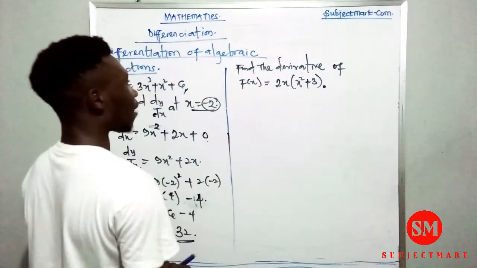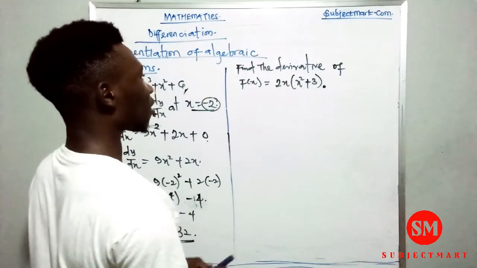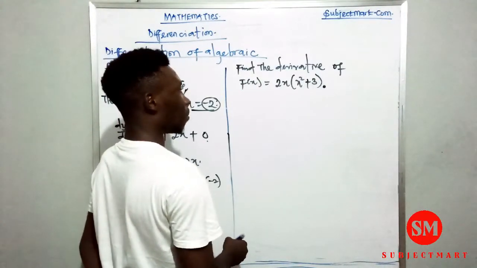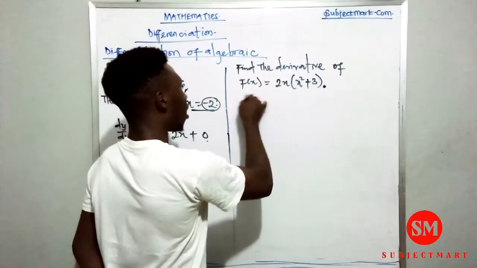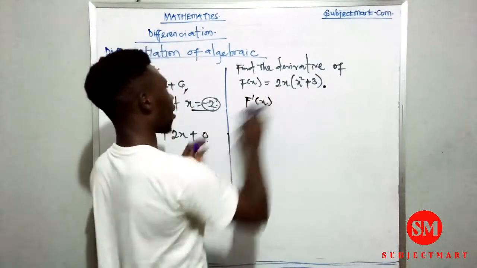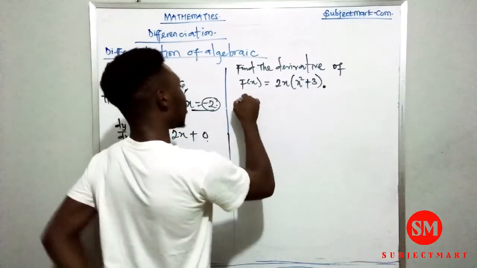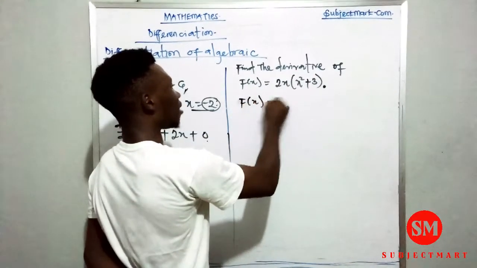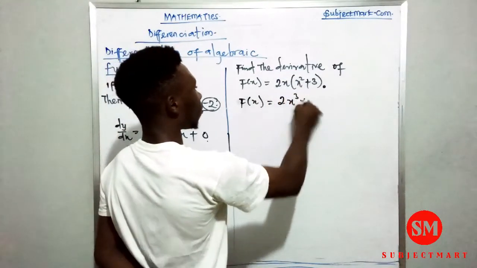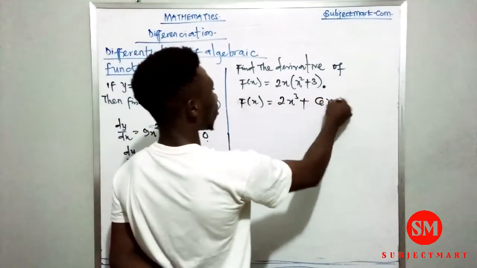So this question said find the derivative of f of x is equal to 2x open bracket x squared plus 3. Before we go to f prime of x, we can expand such that f of x here is equal to, this guy times this is 2x raised to the power 3, plus this times this is 6x.